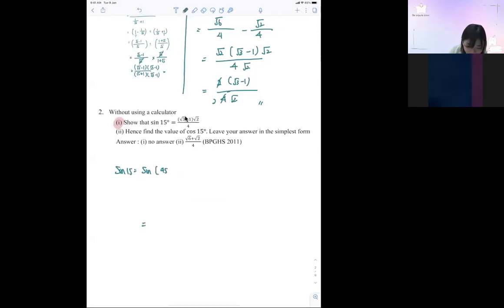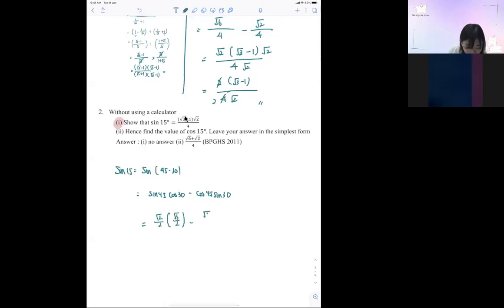Sine 45 minus 30 is sine 45 cosine 30 minus cosine 45 sine 30. So square root 2 over 2. This is square root 3 over 2 minus. Your sine 30 wrong. You put cosine 45 sine 45.